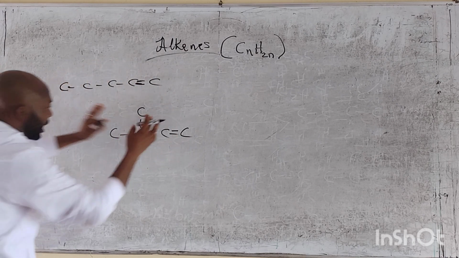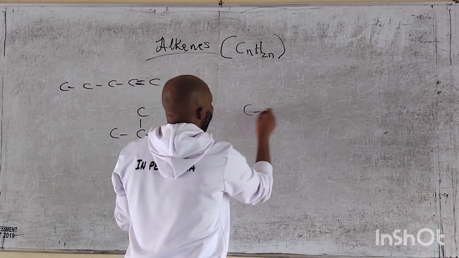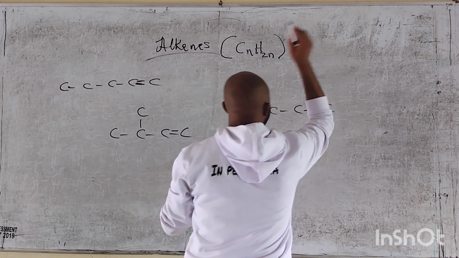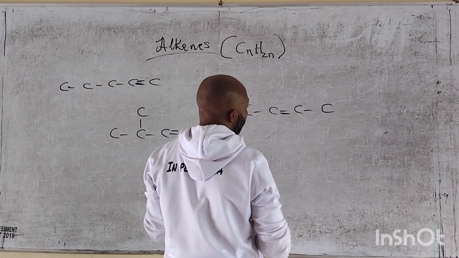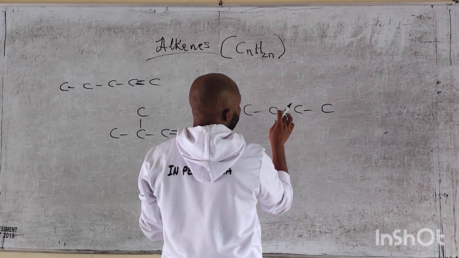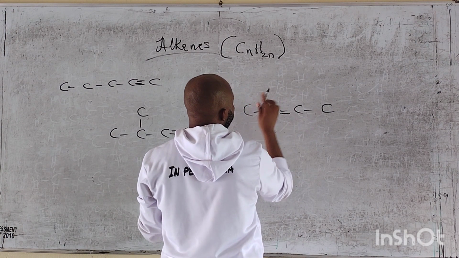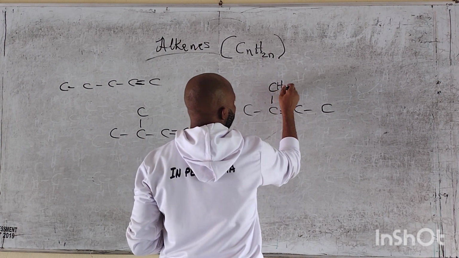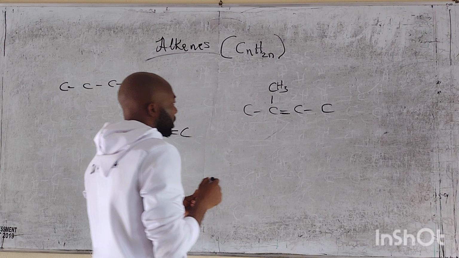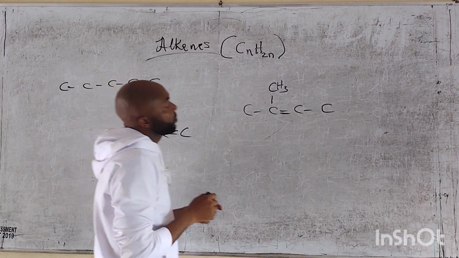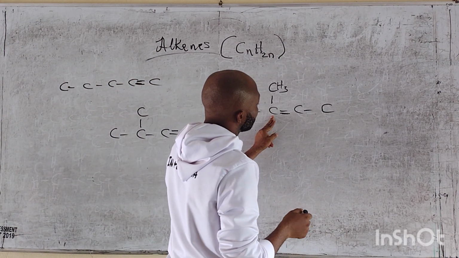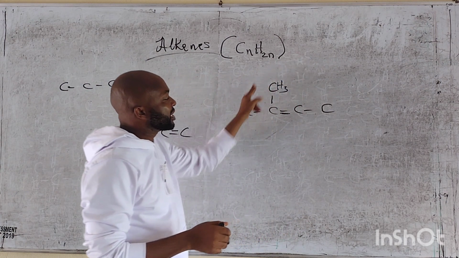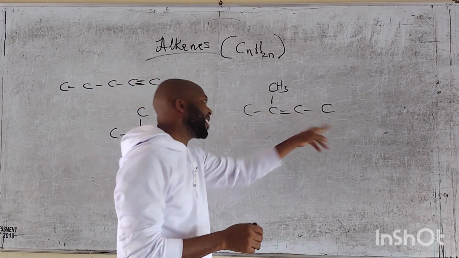And I can still have another one to be 1, 2, 3, 4. I have my double bond here. Okay, this is 1, 2, 3. And I still have my C here. This is CH3. Don't forget that. So if I come from, this is 2. Alright? So I have 2-methyl but-2-ene.